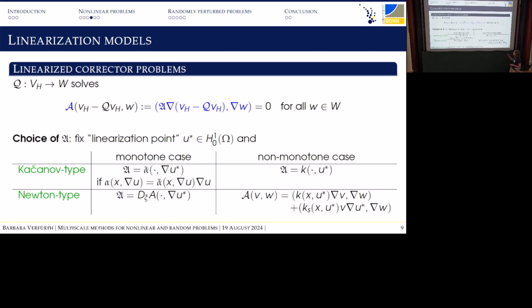For the non-monotone case, I don't want to go through the formula in detail. What I want to highlight is that for the non-monotone case, this is a bit different, especially it does not directly give me such a diffusion type problem, but more a convection diffusion type problem. That's just to remember for some side remarks later. But you could, first of all, write it similarly.